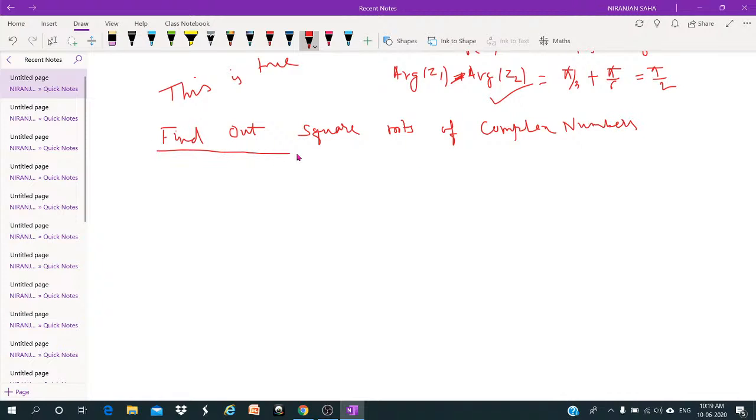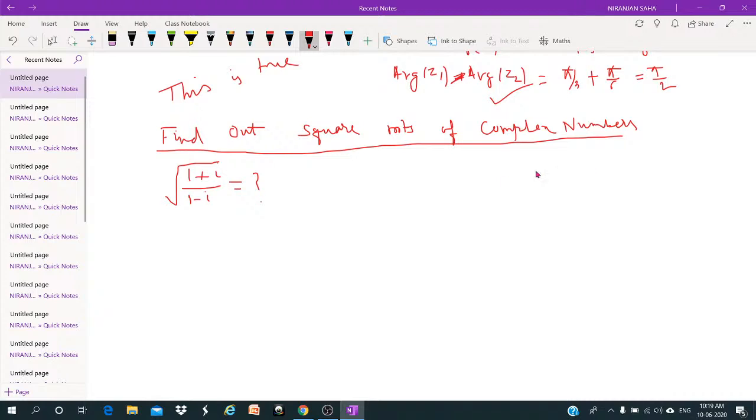So how can we find this? Take an example given: 1 plus iota by 1 minus iota. We have to find out the square root of it. What is the value of this?